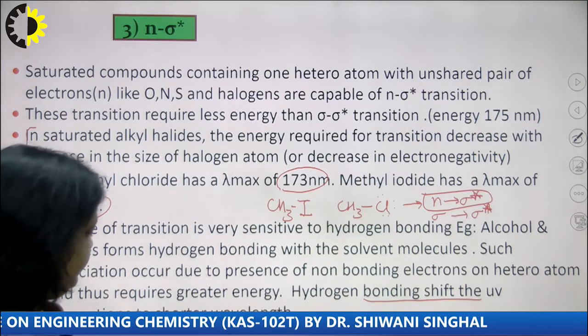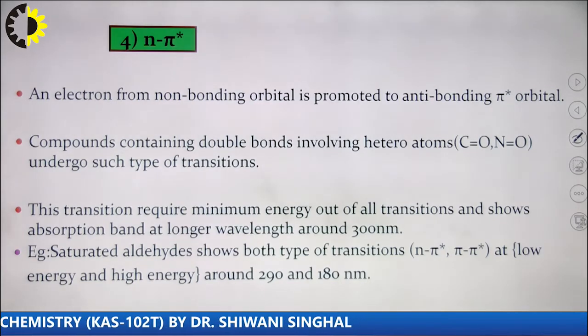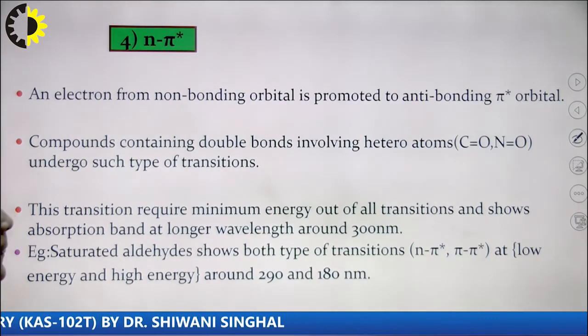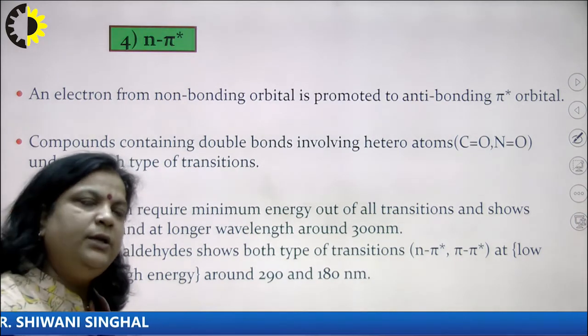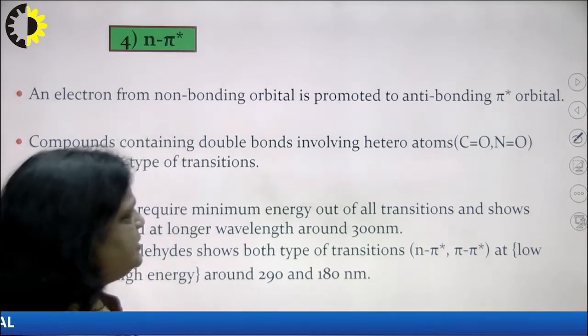Okay. Now, the fourth transition is n to pi star transition, which generally requires more than 200 nanometer. So, in the visible range, this type of transition occurs.